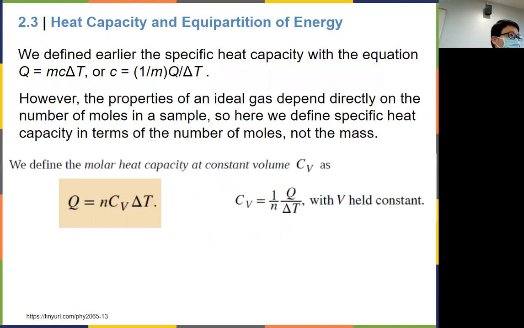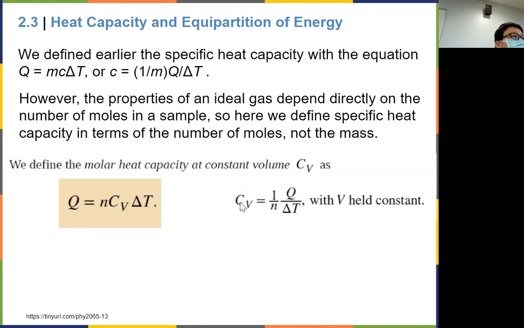And then we also talked about the heat capacity for a gas system. In that case, it depends on what process the gas system is undergoing. If you have a constant volume process, then the heat change is equal to the number of moles of the gas times CV, the molar heat capacity of the gas system under constant volume, times the change in temperature.